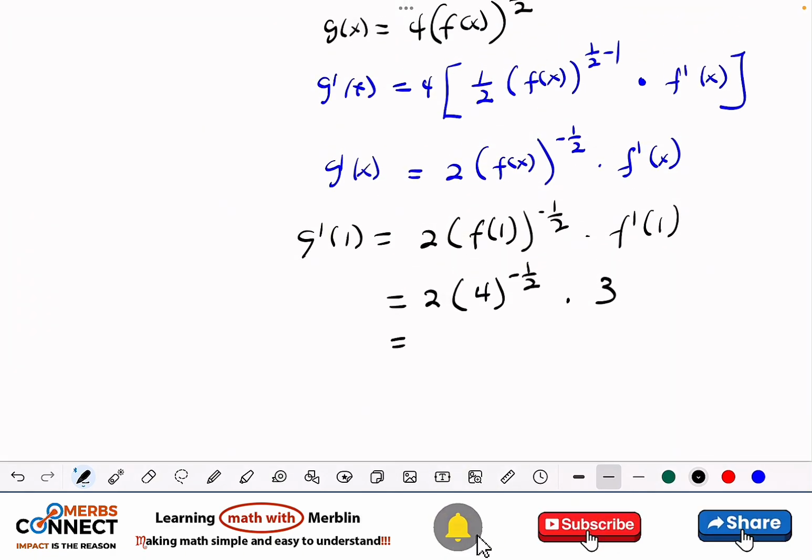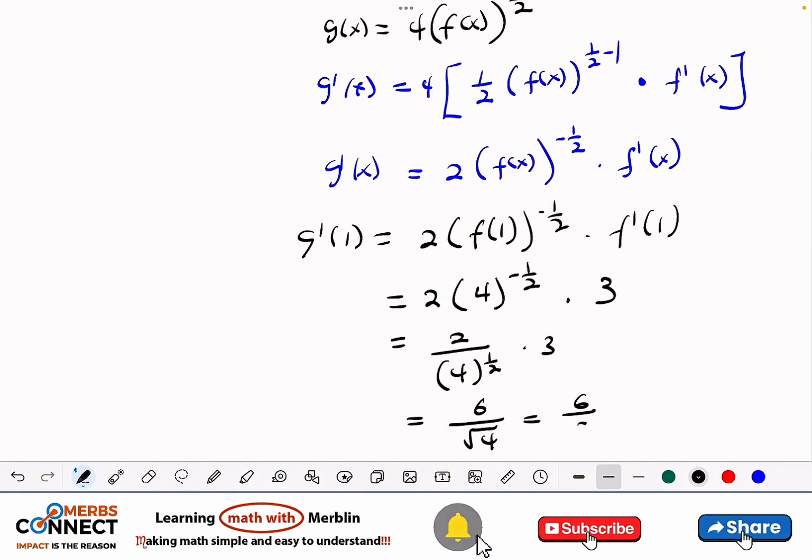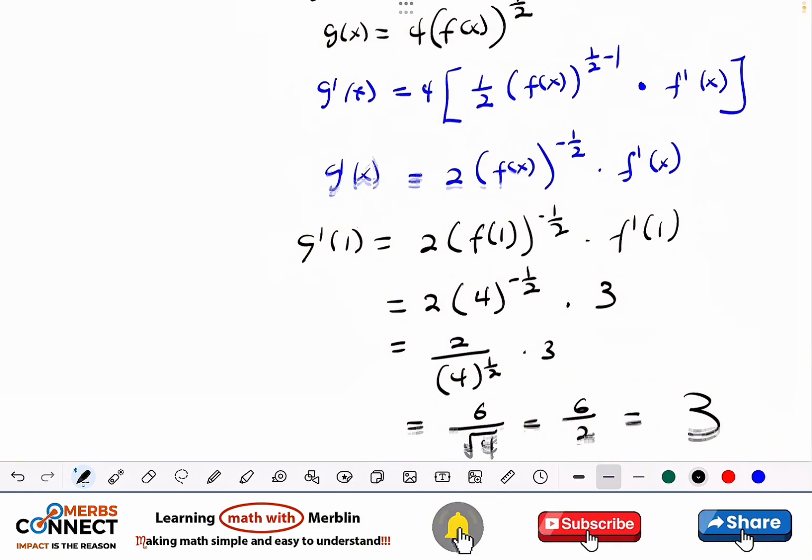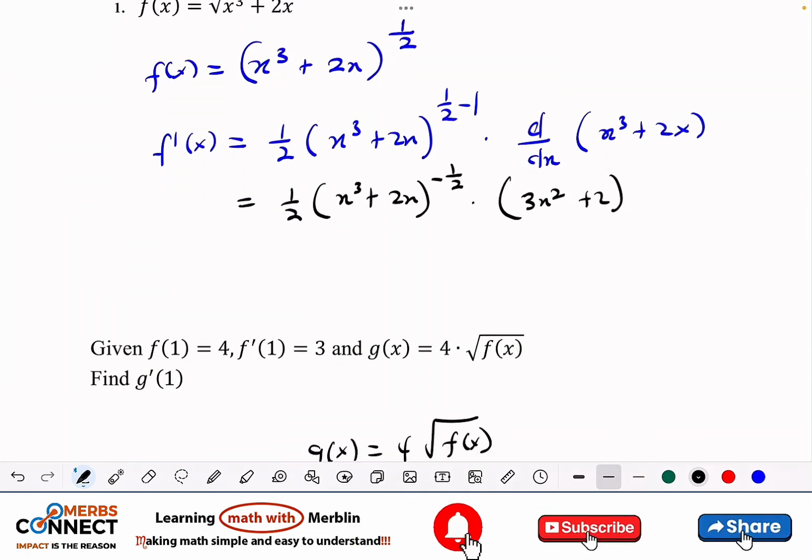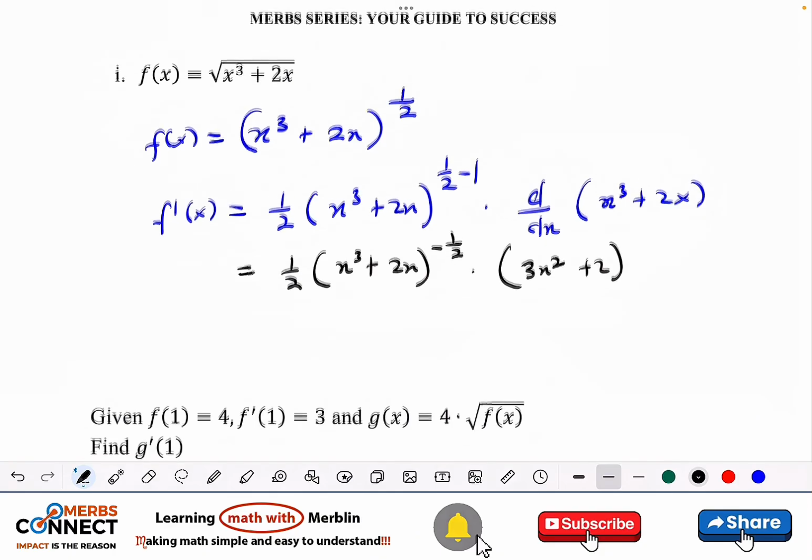Now this is the same as 2 divided by 4 to the power 1 over 2 times 3. So this is going to give us 6 divided by the square root of 4. So this is the same as 6 divided by 2, and this is going to give us 3. So this is the end of, I think, all the questions.